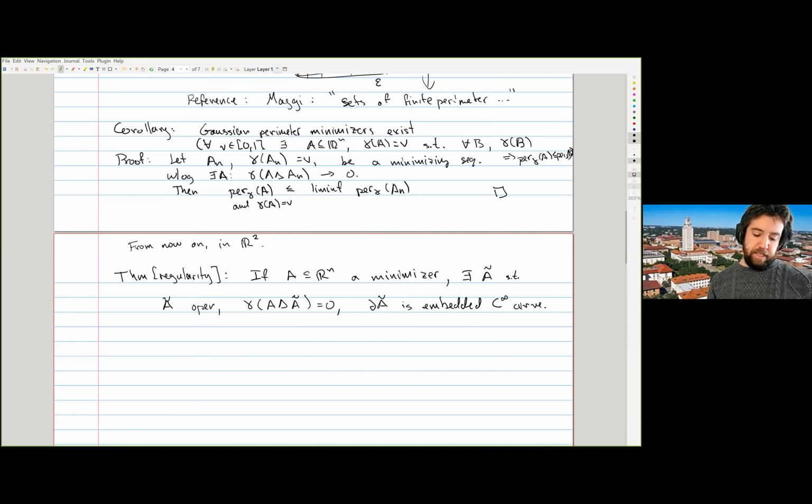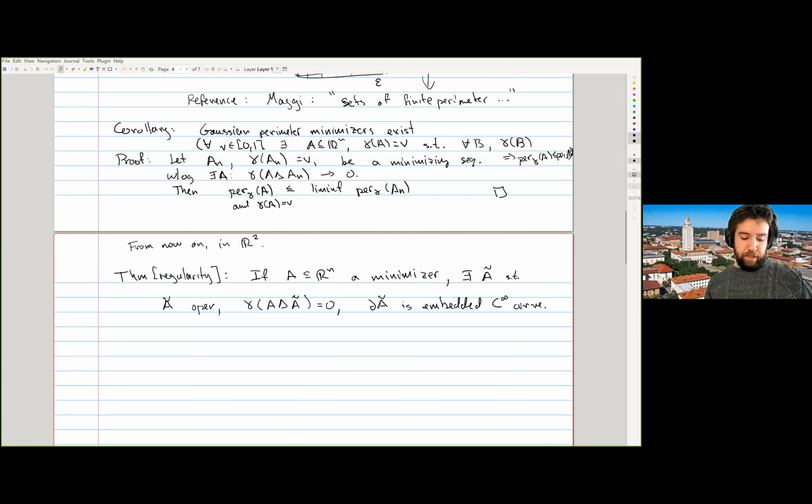When I say embedded C infinity curve, it could have multiple connected components in principle, but it's embedded in the sense that none of those connected components come close to touching each other.